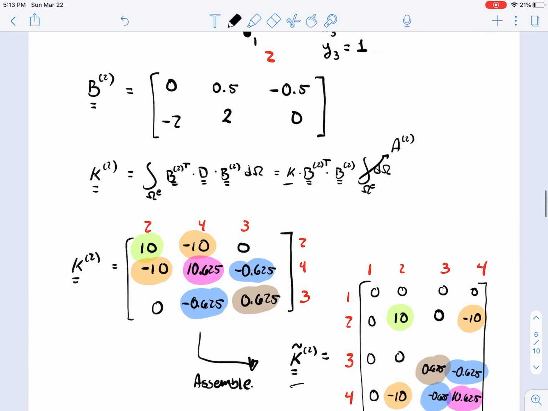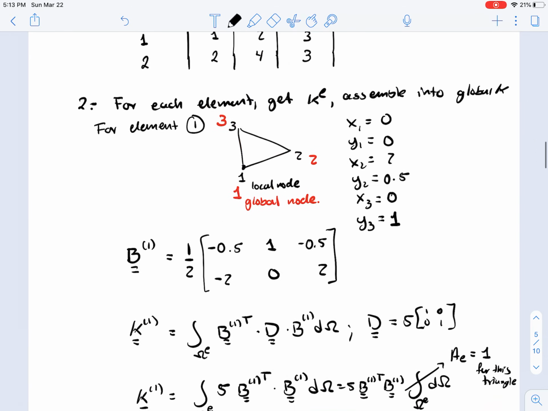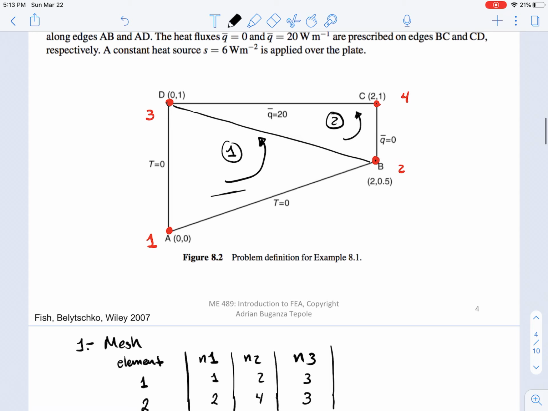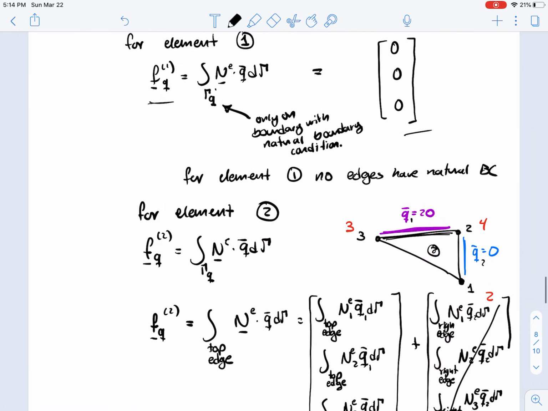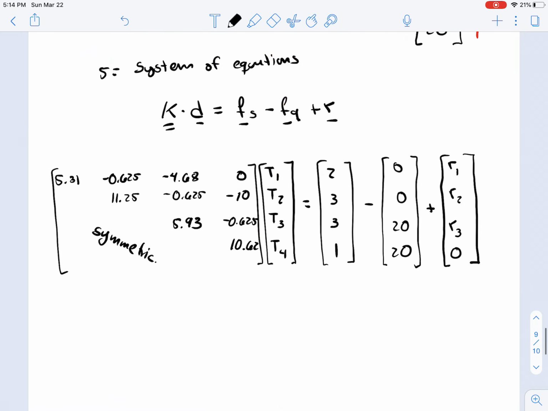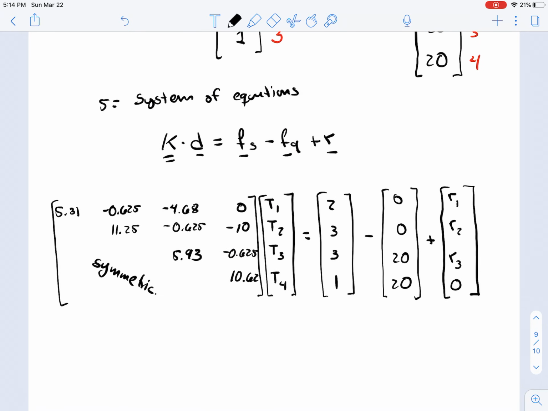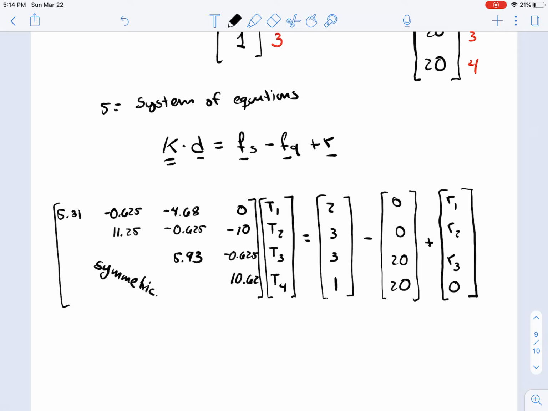We can scroll back one last time just to show that these nodes have a value of temperature that is fixed, so they will have some reaction flux. So that is my global system of equations.